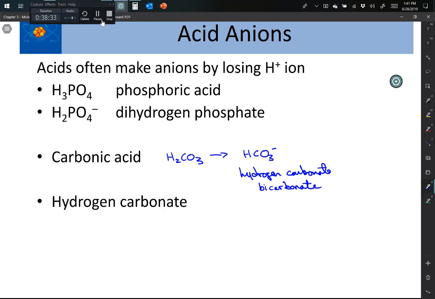So like baking soda, when you look at the label, it's sodium bicarbonate. It's a sodium with the bicarbonate ion on it. So I really want you to know that. If you watch my wife's videos, she'll say, don't need to know this. But this is not her class. So we have arguments about stuff like this. So, yeah, hydrogen carbonate is this guy here.